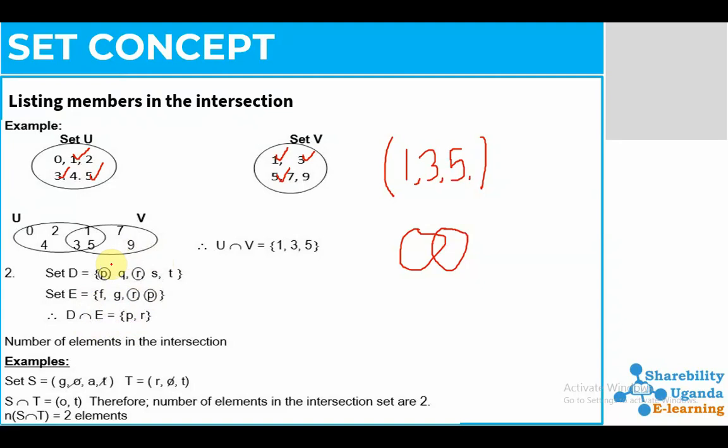By finding the intersection, we look for those members which are common in set D and in set E. Can we also take them? Yeah, we have a P.